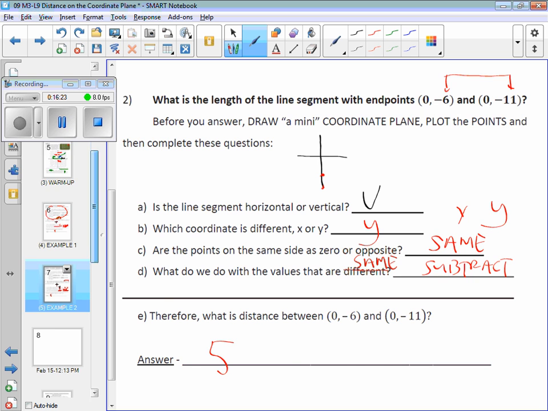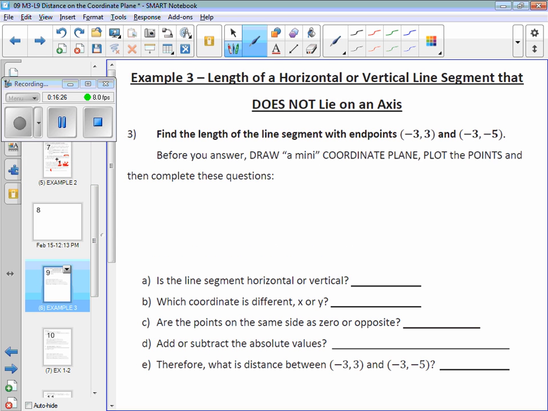Last example. Same rule, but you'll see that the points will not lie on the axis. They'll still be perfectly horizontal or vertical. They just won't be on an axis. All right, to save time a little bit, I'm just going to plot where I think -3, 3 would be.